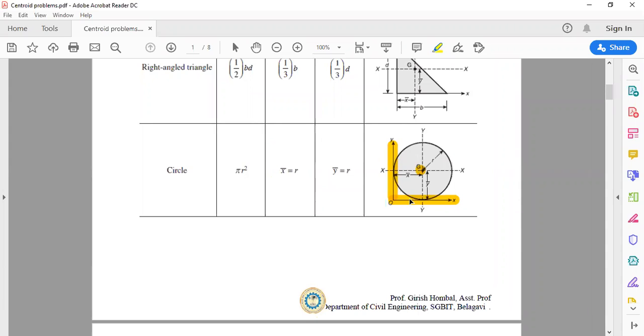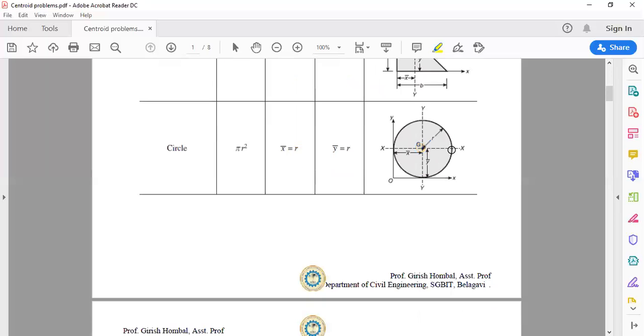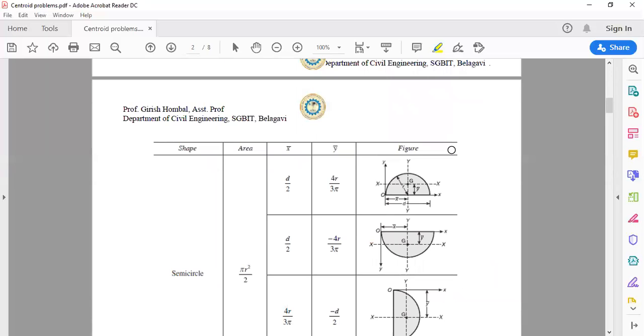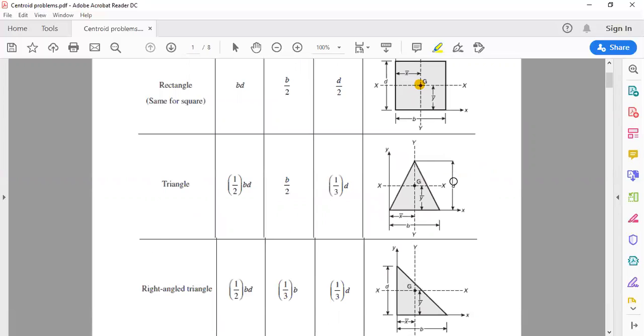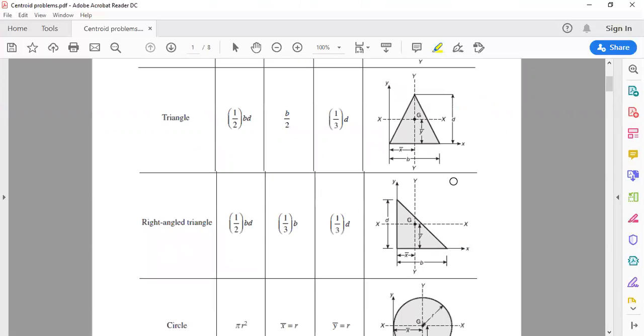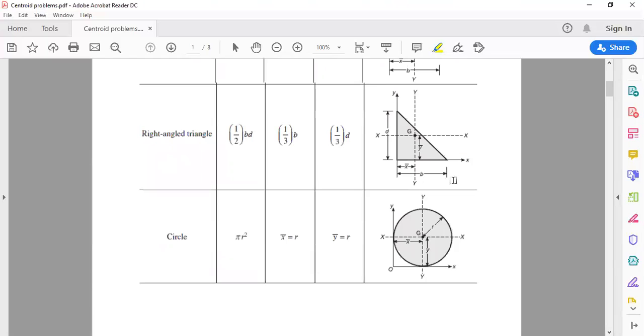Now next, let us come to the next geometric figure, that is the semicircle. This semicircle which we have shown here, we have shown with respect to different reference axes or different orientations. You can apply the same to all these figures also, that is rectangle, triangle, right angle triangle and circle.